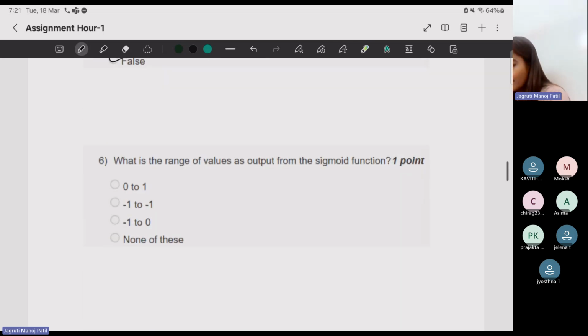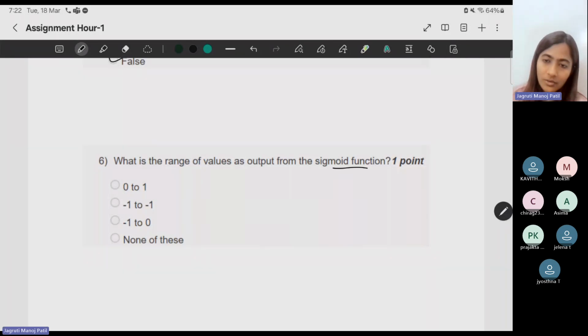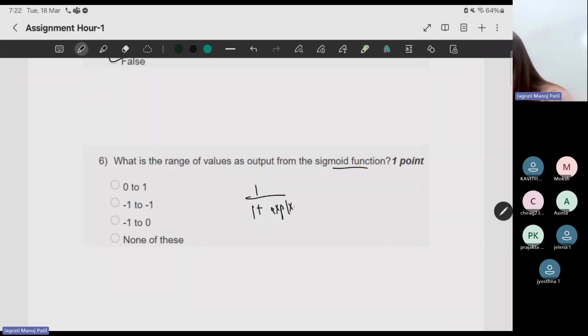Now this is from simple maths. What's the range of the values as output of the sigmoid function? If you want, I can also show you how a sigmoid function looks. What is the sigmoid function? It is 1 by 1 plus exponential of minus x. So this is nothing but 1 by 1 plus e raised to minus x. For any particular value of x, what would the function return? Let's say my value of x is negative. What will it return to me?